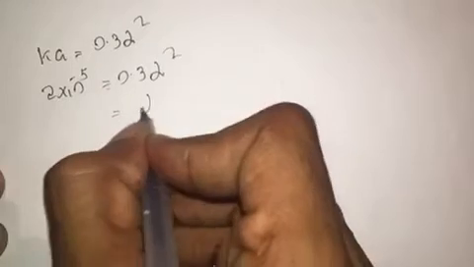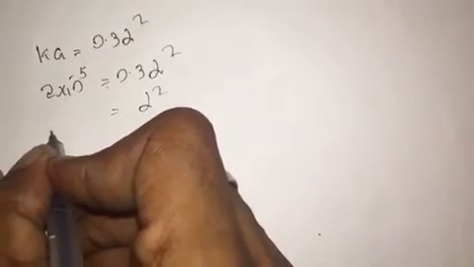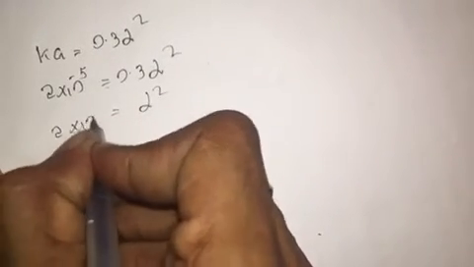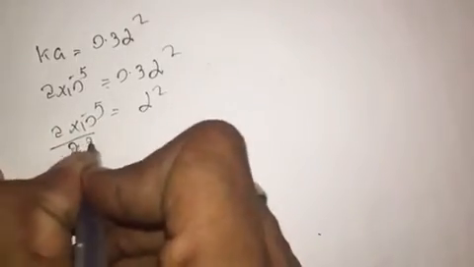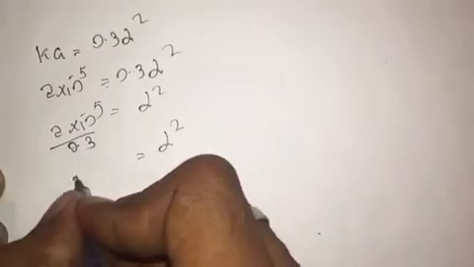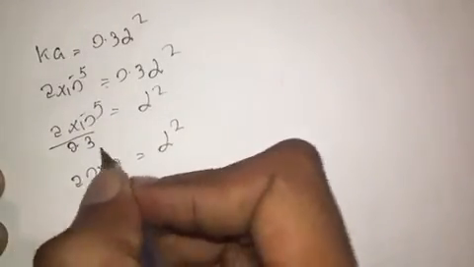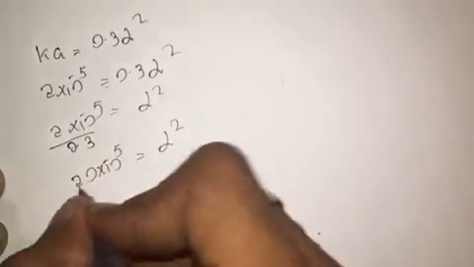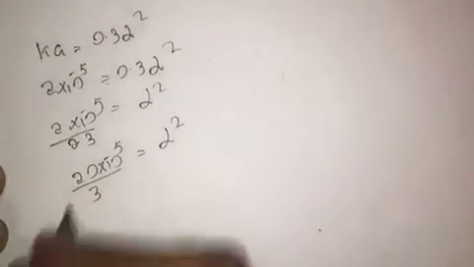Now alpha square equal 2 into 10 to the power minus 5 over 0.3. This can be written as alpha square equal 20 into 10 to the power minus 5 over 3.